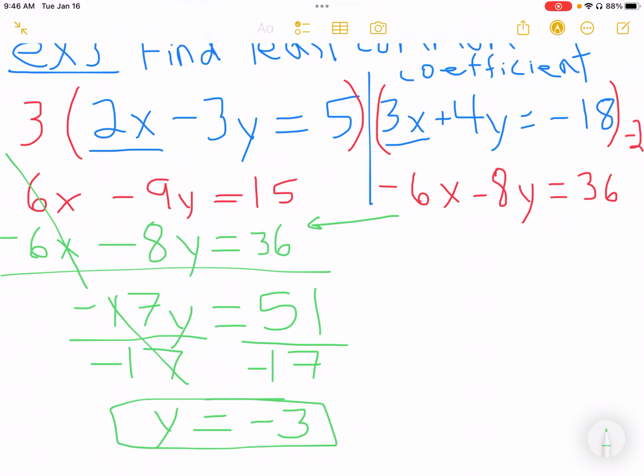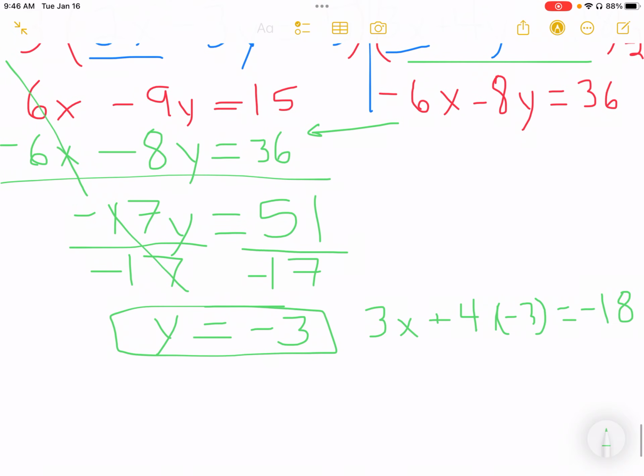And then I can plug it back into one of my original equations. So let's go ahead and try it up here in this top one here. So I have 3x, and then I have plus 4 times y, so that means 4 times minus 3 in parentheses, and then I have equals minus 18.